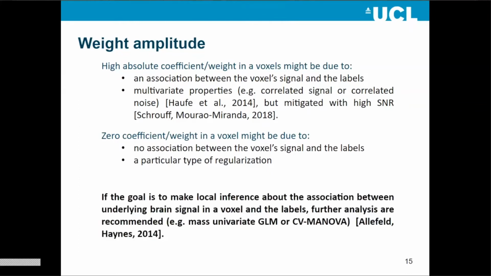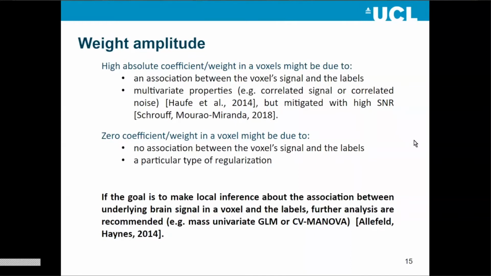So if the goal is to make local inference about the association between underlying brain signal and the labels, then I'm not going to say don't use machine learning, but basically, don't use machine learning, especially don't use only machine learning. I guess there are more techniques out there that are just better suited for that. If you want to do local inference, run an SPM.